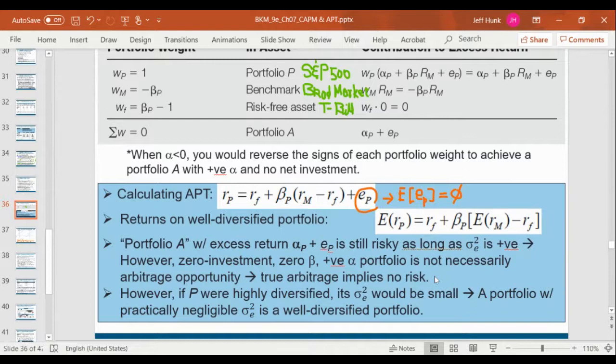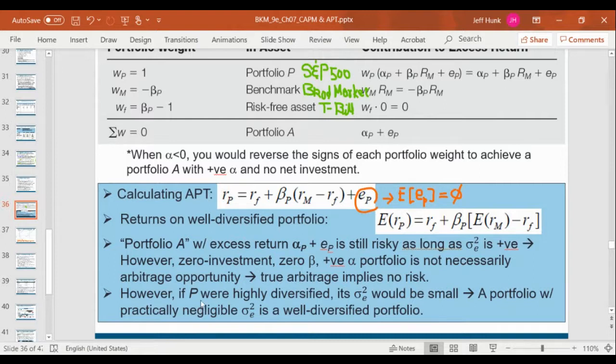It is still risky, right? So that means if the portfolio is not well diversified, it is still risky. However, a zero investment, zero beta, positive alpha portfolio is not necessarily an arbitrage opportunity. True arbitrage implies no risk.